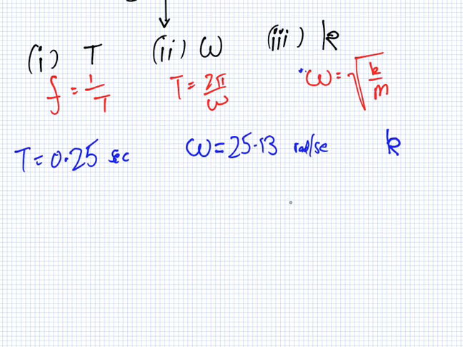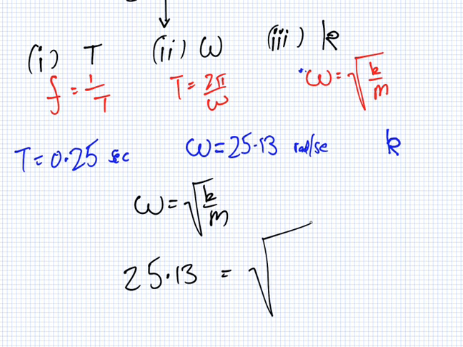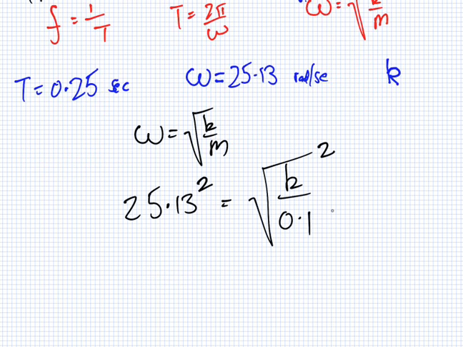I'll do the last one here. So we have omega equals root K over M. So we have 25.13 equals root K over 0.1. So what should I do first here? Square, good. Saeed, can you tell me what this number is when you square it?